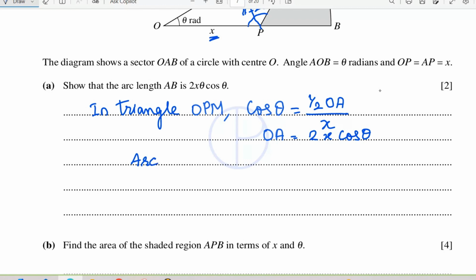So the arc length AB is equal to r theta. So r is 2x cos theta multiplied by theta, which is equal to 2x theta cos theta.